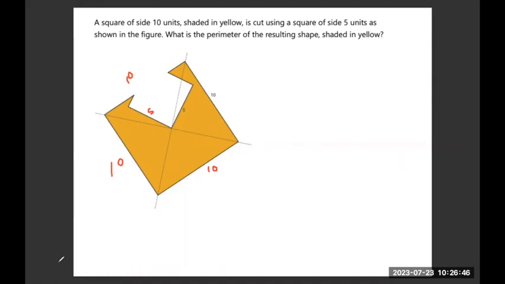Yesha, correct answer. Divya, wrong answer. Kavya, wrong answer.